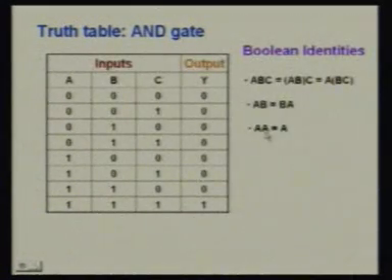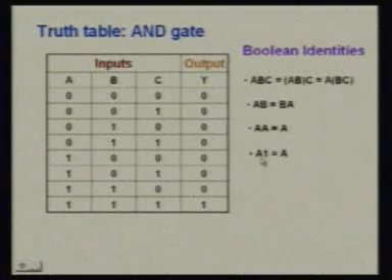A into A, meaning AA, will be equal to A, which is very clear. If A is 0, then 0 AND 0 will be 0, and 1 AND 1 will be 1. A into 1: if we have pre-assigned the second input as 1, then the output will be decided by the first input.